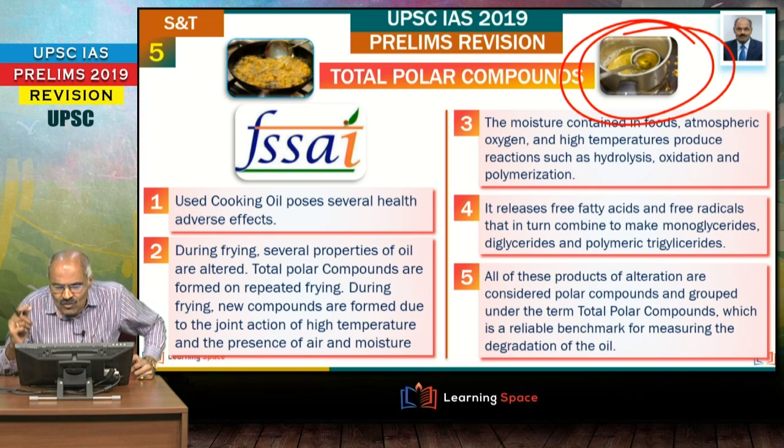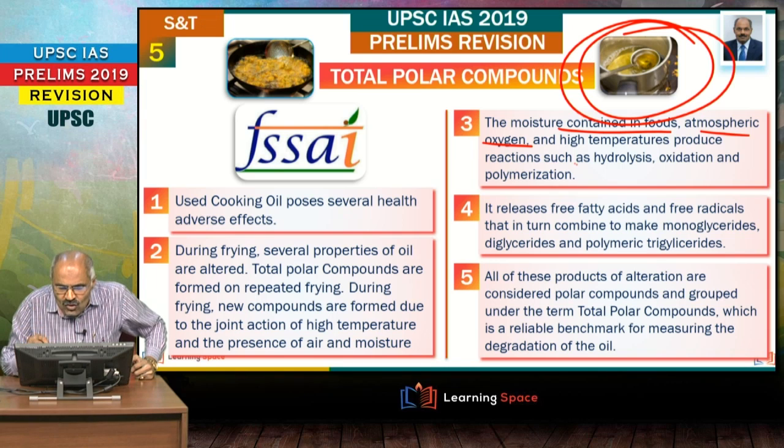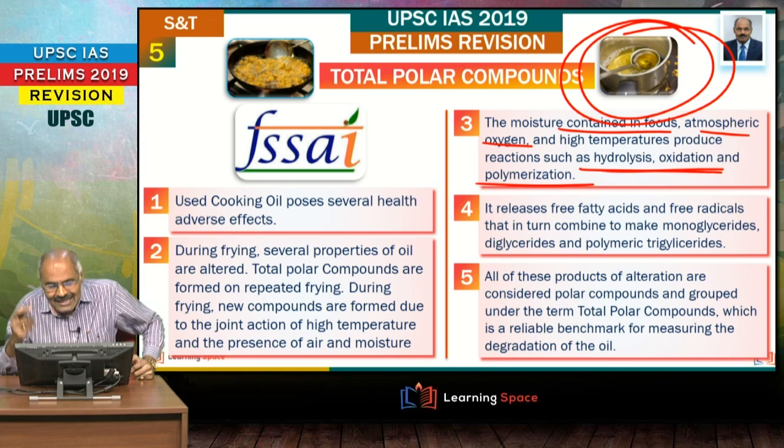Here the moisture contained in the foods, atmospheric oxygen, and repeated high temperatures produce several reactions. These reactions are hydrolysis, oxidation, polymerization. Because of that, it releases free fatty acids and free radicals.